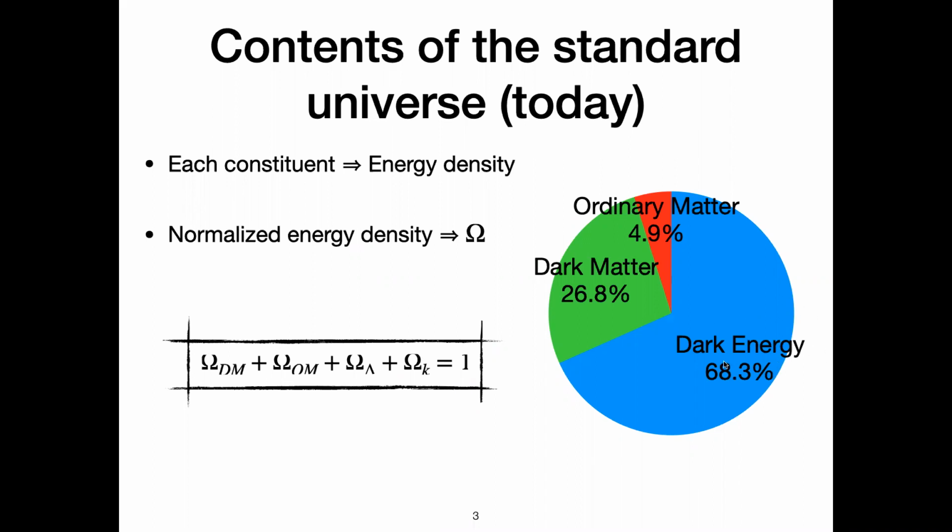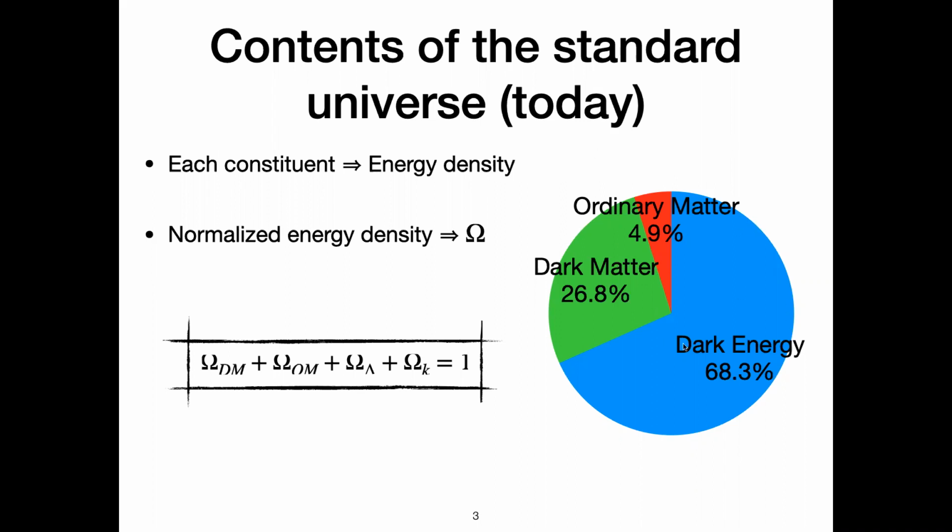It has been studied for several years, and the exact nature of this component is still unknown. The second major component is dark matter, and the third is ordinary matter, which is basically the atoms and other matter which we see all around us.